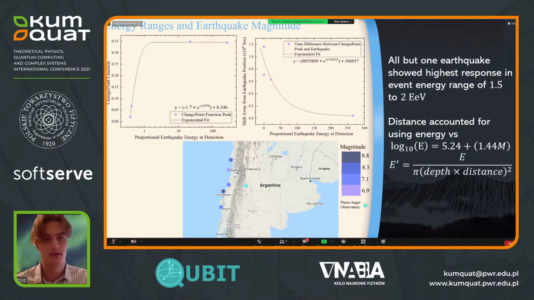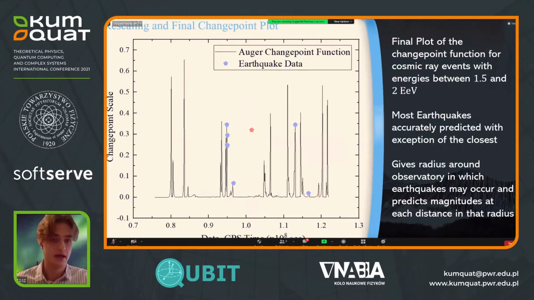And we ended up with really nice fitted functions, which can help in predicting other events in the future. And we just narrowed it down to this interval. And when we narrowed both the energy and time scale, we actually got really nice results.